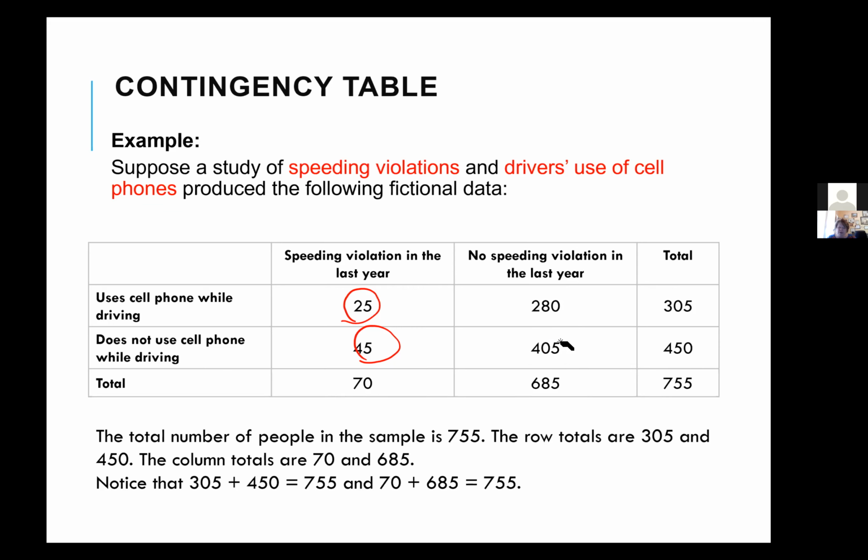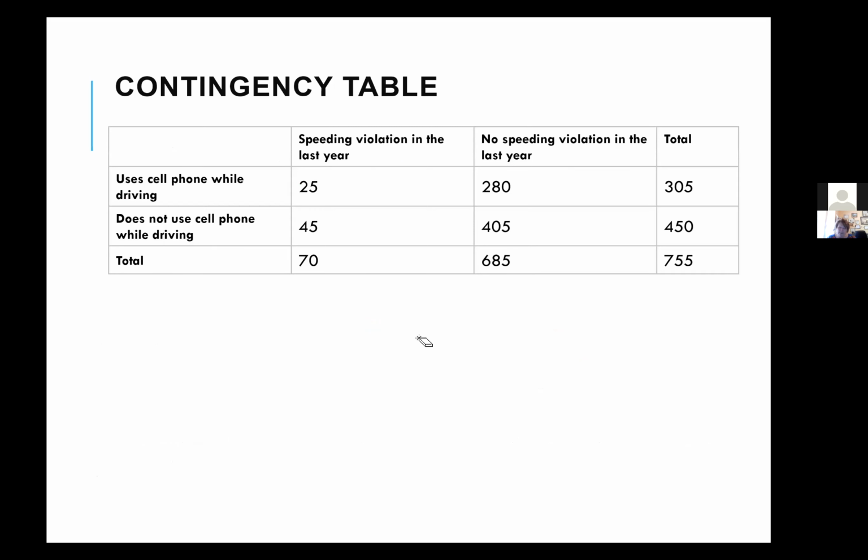Okay, so now using this contingency table, let's see if we can find some probabilities. What's the probability that a driver is a cell phone user? Okay, so how many people use a cell phone? Well, my survey says that 305 people in this survey were using a cell phone.